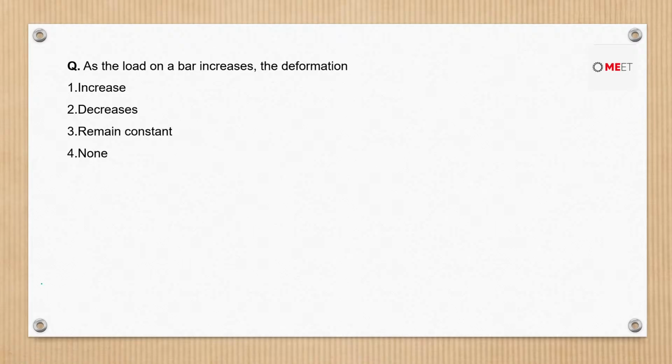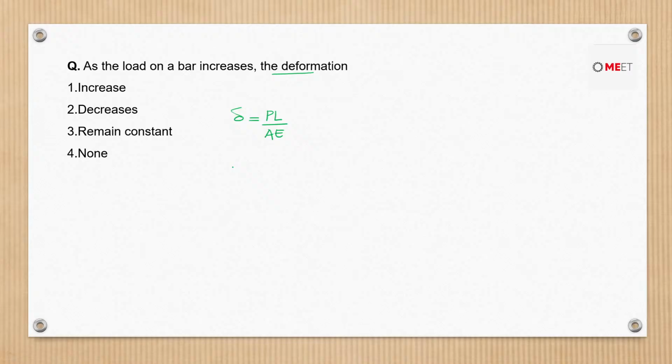So the first question we have is, as the load on the bar increases, the deformation is increasing, decreasing, remains constant, or none of the above. So the delta formula is expressed as delta is equal to PL by AE.